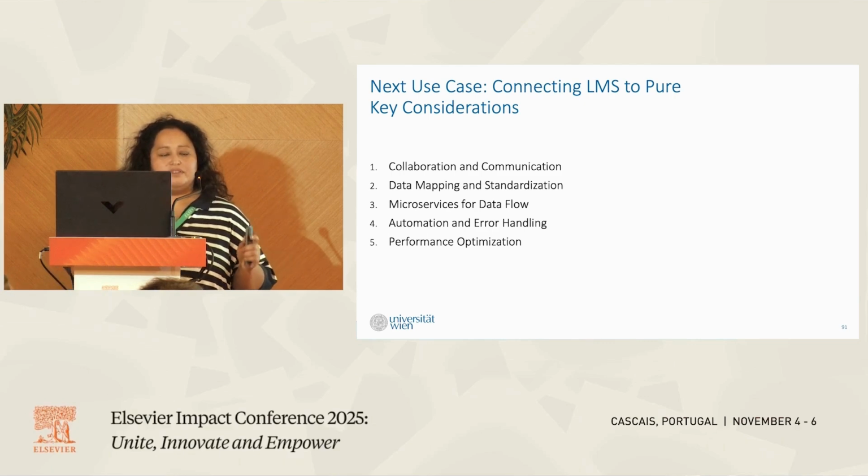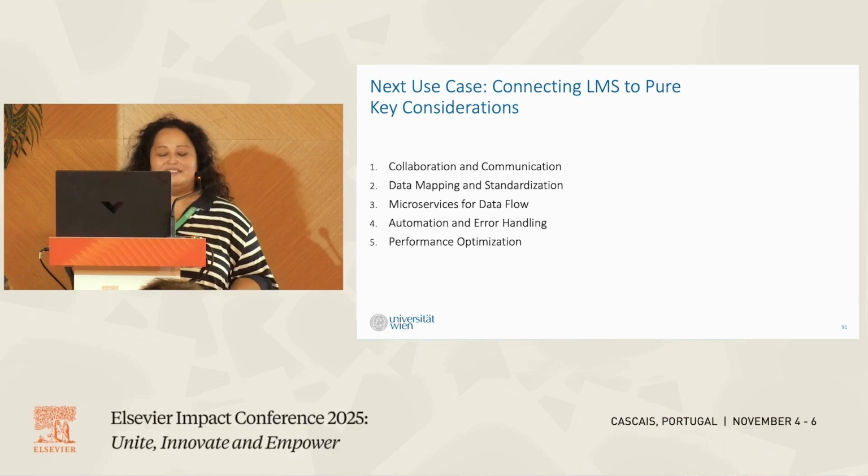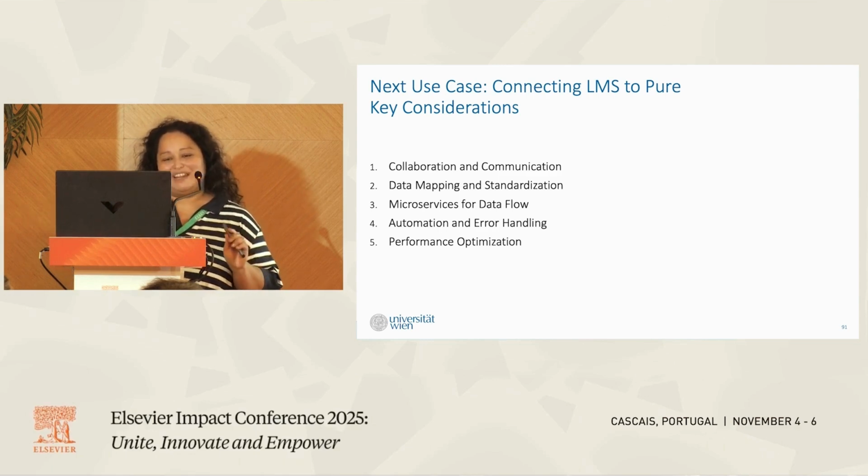Microservices are small software applications, because the data from the Pure system is not going directly to the other systems. They will be collected there and adapted, so that they can communicate with the data from the Alma system. That's a part for the IT developers.